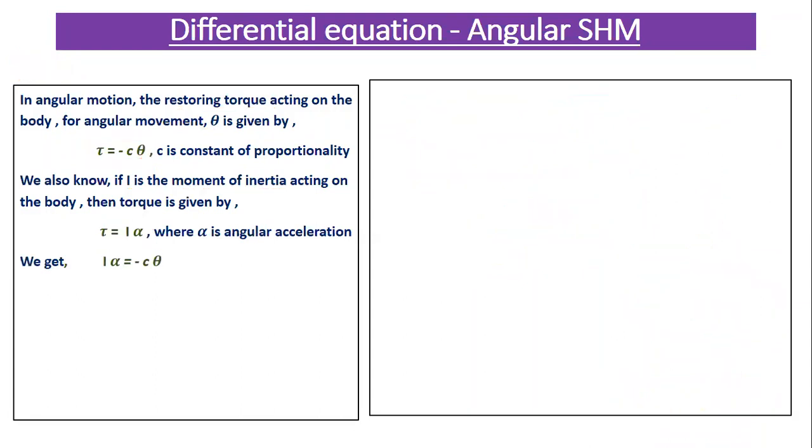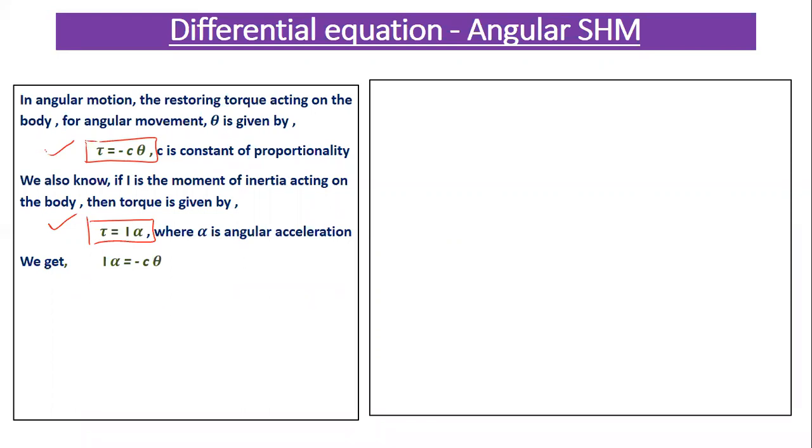So we get two formulas for the torque. This is the first formula and this is the second formula. Now we can equate these two formulas. So we get I alpha is equal to minus C into theta. One side of both equations is the same, so we equated these two equations.